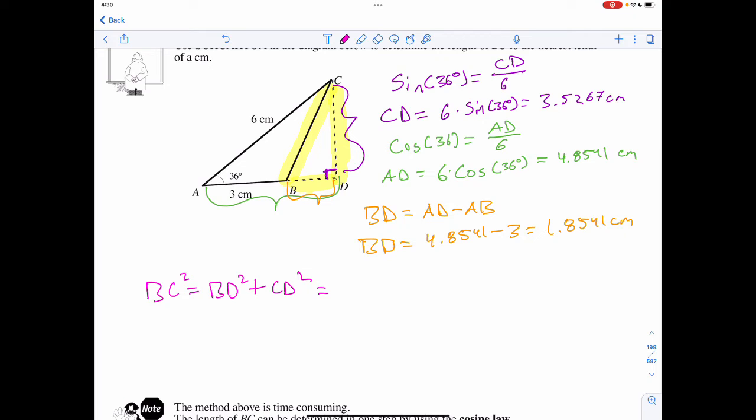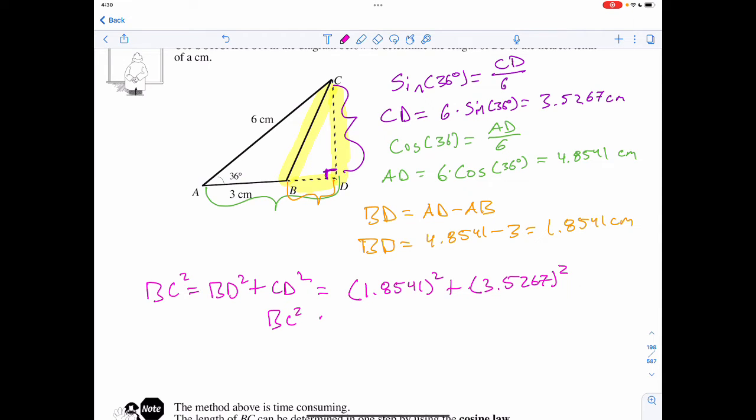This is going to be the same as 1.8541 squared plus 3.5267 squared.